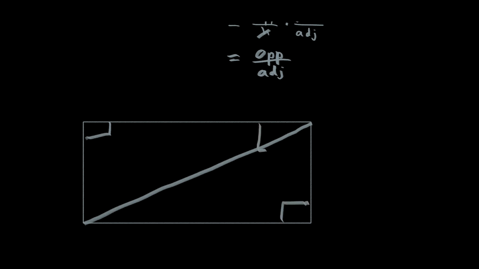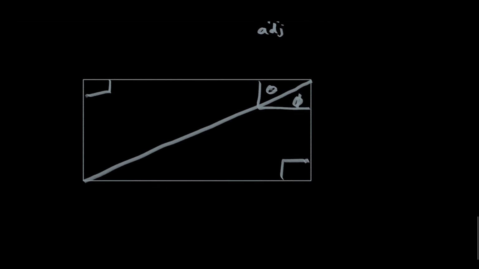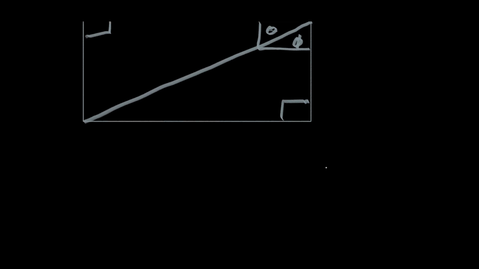This angle here is 90 degrees. Okay, this angle will be something like theta, and this angle we might call phi. If this was a square, theta and phi would both equal 45 degrees, and their sum would be 90. Okay, but we don't know that they're 45. Well, if it's a rectangle that isn't a square, we know they aren't 45 degrees, but their sum must equal 90 degrees.